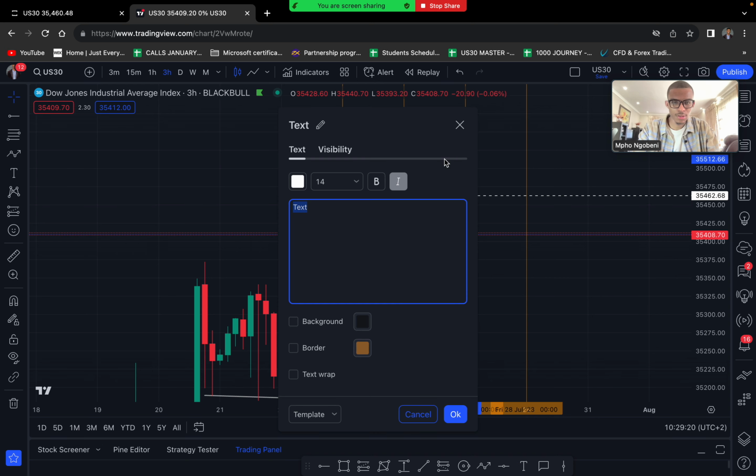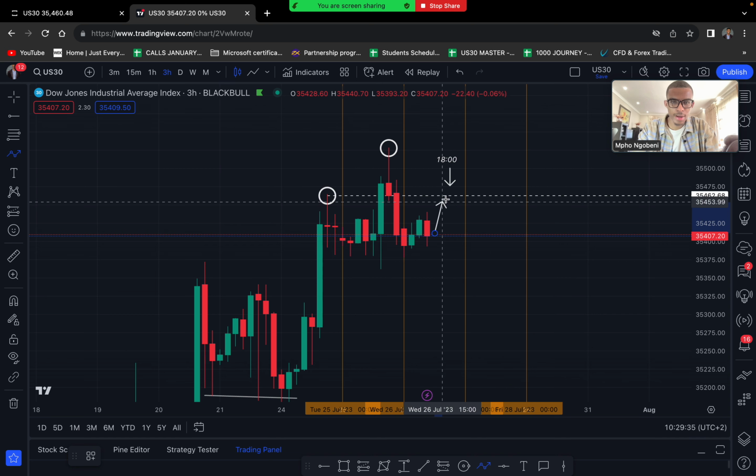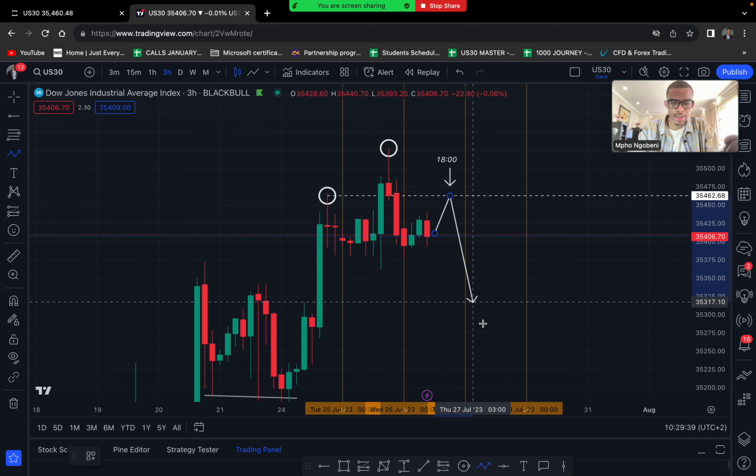So that's when our first entry comes in. We can set our alarm for 18 o'clock, because at that area, if it comes there at 18 o'clock and fails to break that area, that's when we can take the market down.